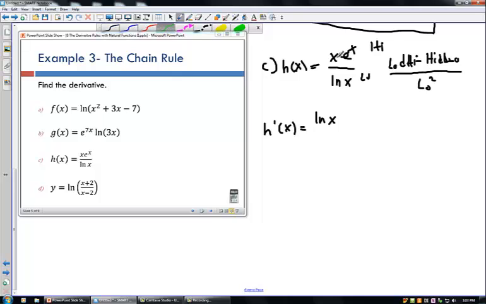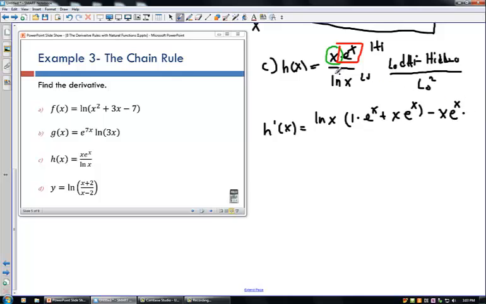Now notice my high function, to take a derivative of this, I have x times e to the x. So I'm going to have to use a product rule on it. And so I'm going to get this all times 1, that's derivative of the first, times the second, plus the first, times the derivative of the second, so that's just an e to the x, minus my high function, which is x e to the x, and then times the derivative of my low function.